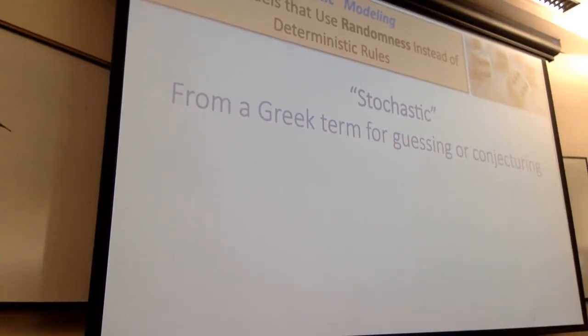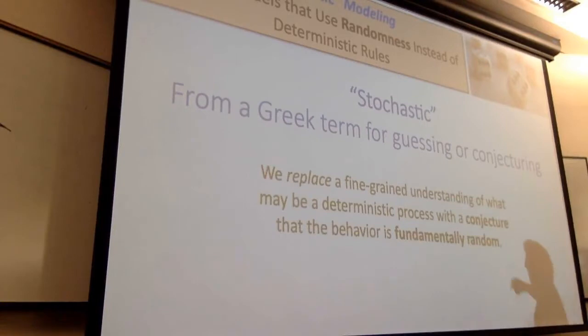Random means something probabilistic, but stochastic is describing a way in which we model where we use randomness, even if we know that the underlying processes aren't necessarily random. We don't care if the underlying processes are random or not. We just make a guess, a conjecture, that they're random because it's easier that way.